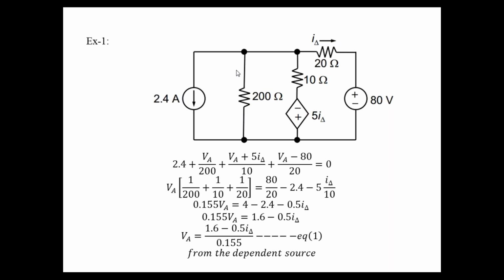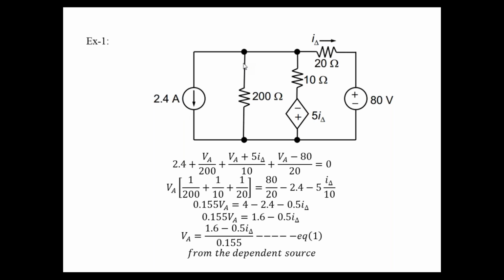Node A. Now at node A in the circuit, the direction of this 2.4 amperes is already given outwards, leaving the node, and the direction of I delta is also leaving this node. I delta current and 2.4 amperes are directly given in the problem as leaving that node.